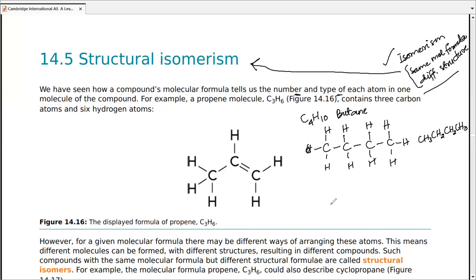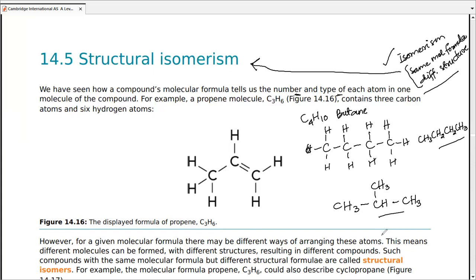Now, the other way to do this is to draw it somewhat differently and actually go with a branch structure. Usually, the way that this differentiates is a straight chain structure or a branch structure. If you count, both of them have 4 carbon atoms and 10 hydrogen atoms each, but they have different structures.